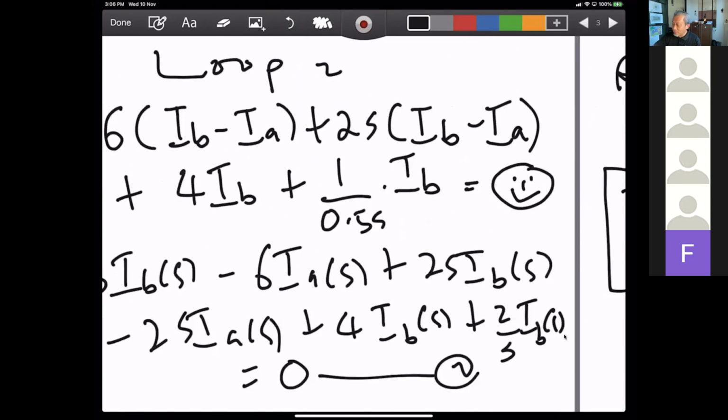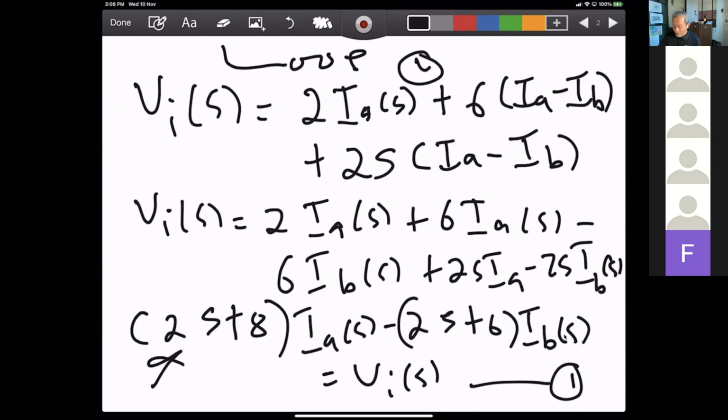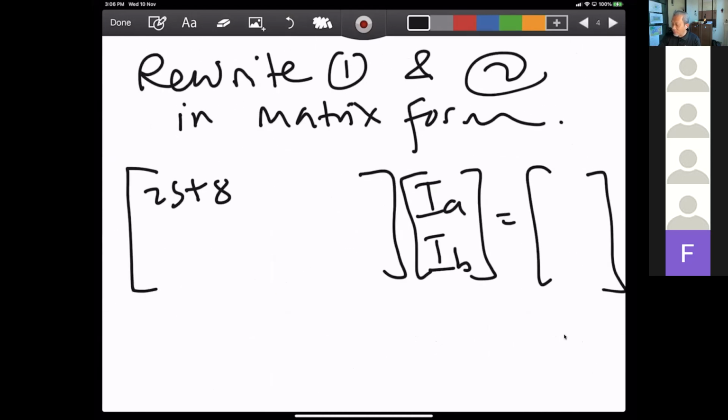Okay, 2s plus 6, and negative 2s plus 6, and negative s plus 6. Okay, IB is BI, right? The input. Yes, input. Okay, question number 2.